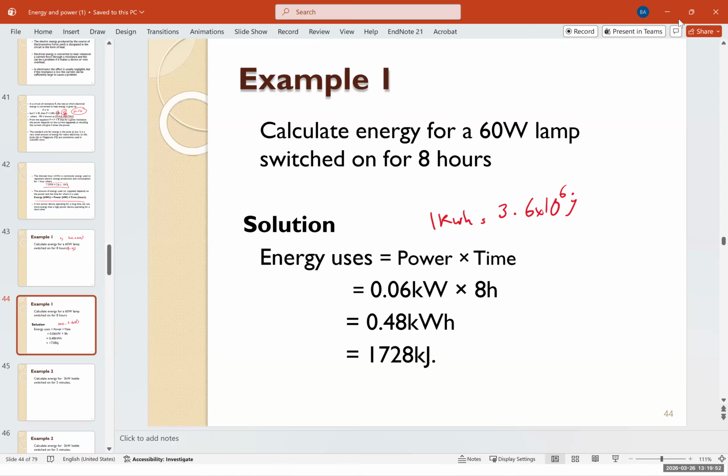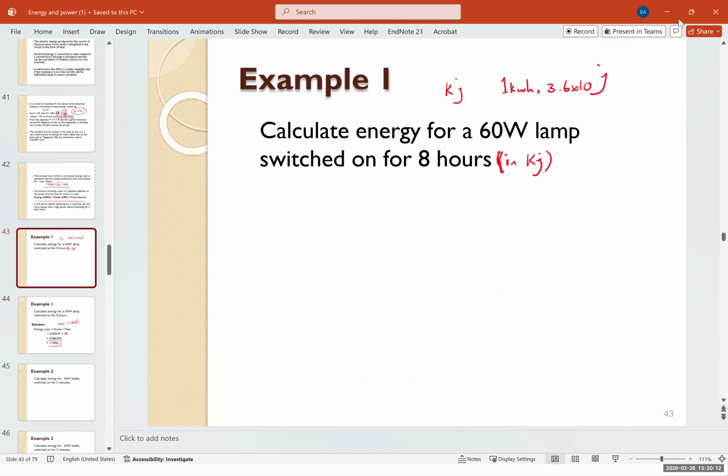So this is going to be 0.48 times 3.6 times 10 to the power of 6, and it gives us 1,728 kilojoules. That can also be written in megajoules, 1.7 megajoules. Yes, but we asked to write it in kilojoules.